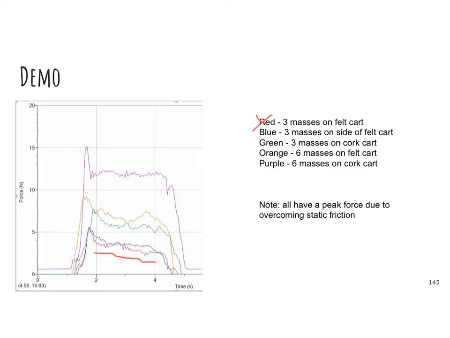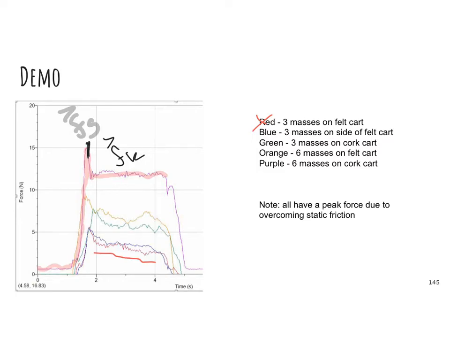I can see it best probably in the purple one, because it's the biggest, but I start pulling, and I peak, and then I drop down. And this is the concept of the difference between static friction and kinetic friction. When an object is at rest and you start to pull on it, it's static friction. But eventually, you have to break that static friction to get it in motion. So we see that general trend.